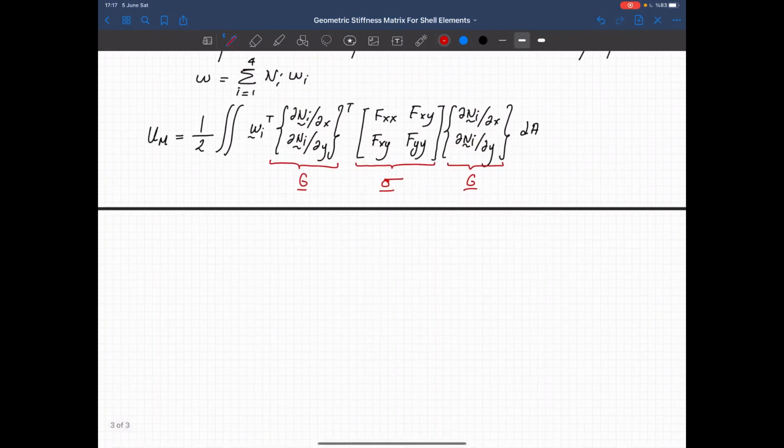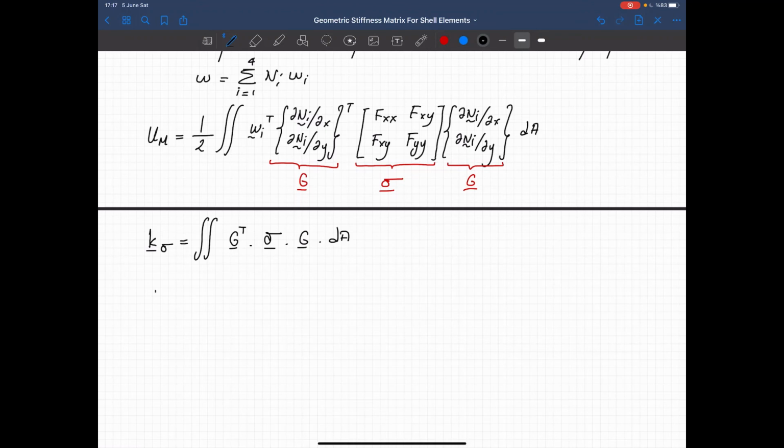And from the energy formulation, we know that the initial stress matrix for this thick plate element will be equal to the double integral of G transpose times the stress matrix times G, integrated over the full area.